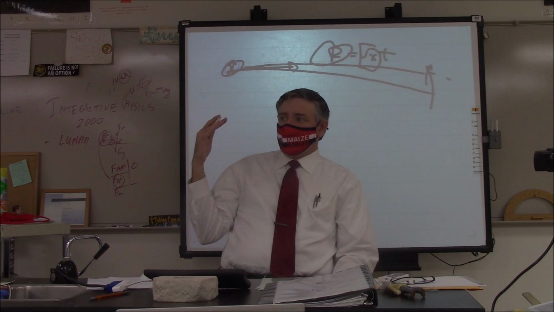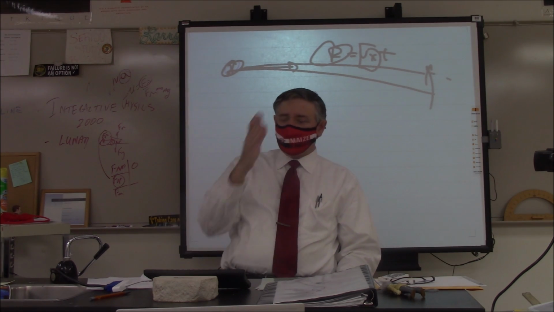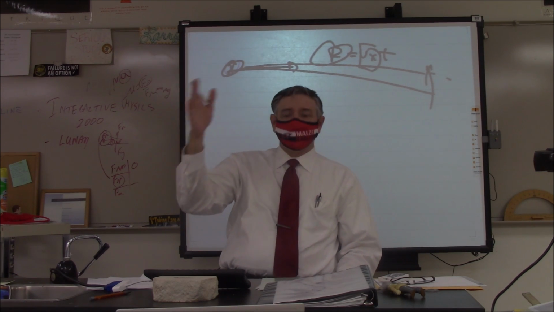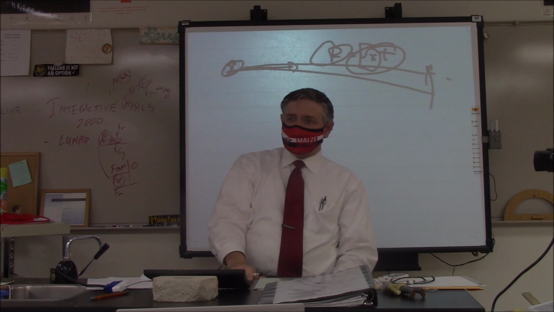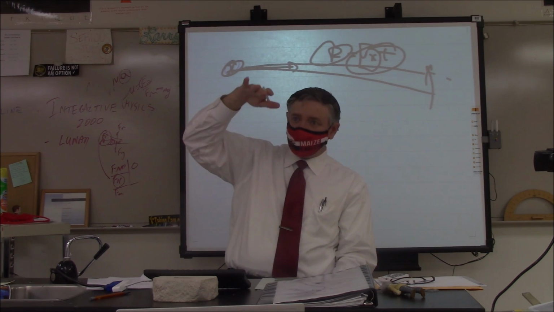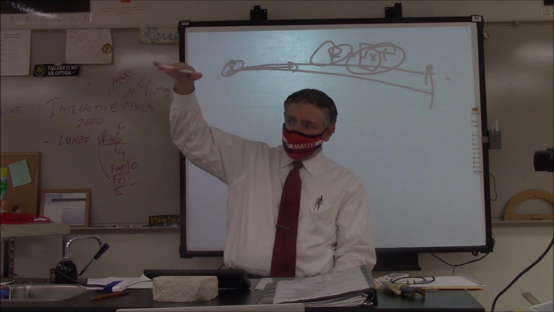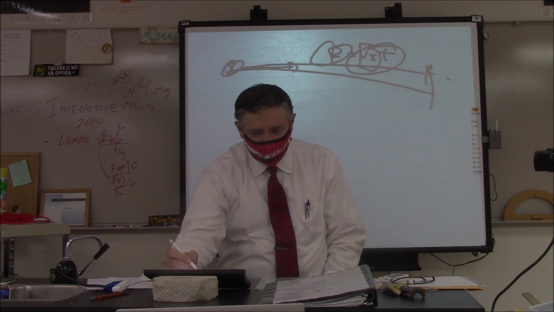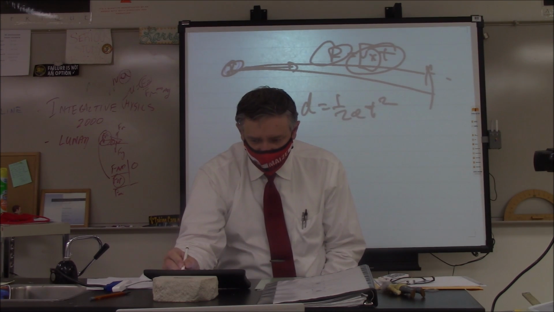Don't tell me the faster ball is going to go further. It's not. They're both going to go the same distance. It's the relationship between Vx and time. The faster ball has a bigger Vx and less time for gravity to act on it, therefore it won't fall as far, because the distance it's going to fall is 1/2 AT squared.